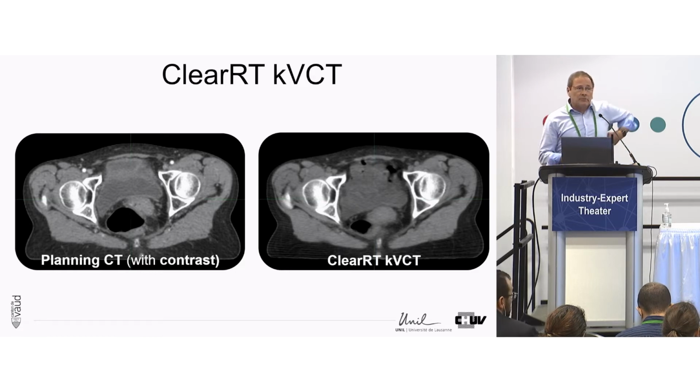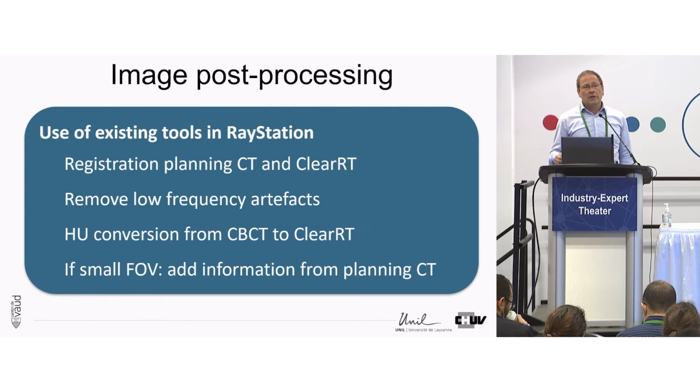So what we did from this information is some post-processing with tools that already exist on RayStation, mainly also scripts. The first thing to do is a registration between the planning CT and ClearRT, so that we can have information that is possibly missing on ClearRT for large fields of view and things like that.